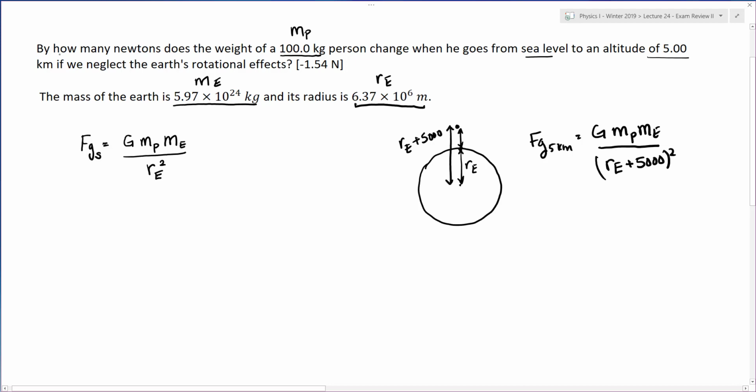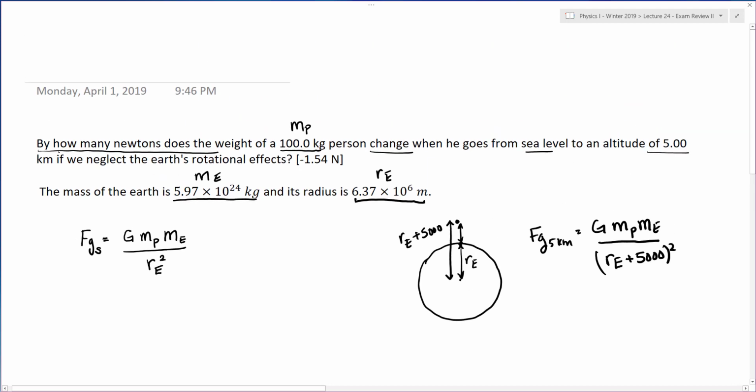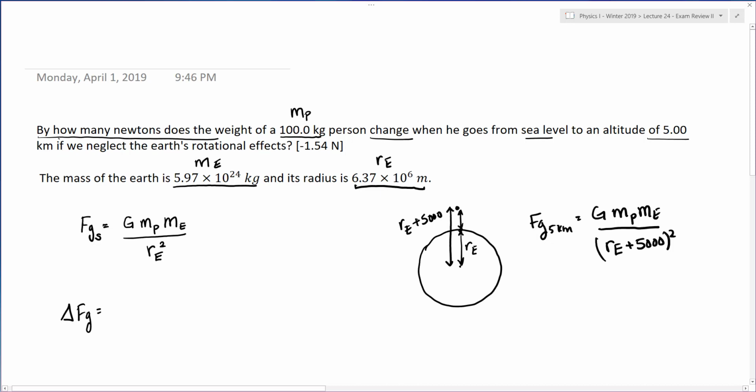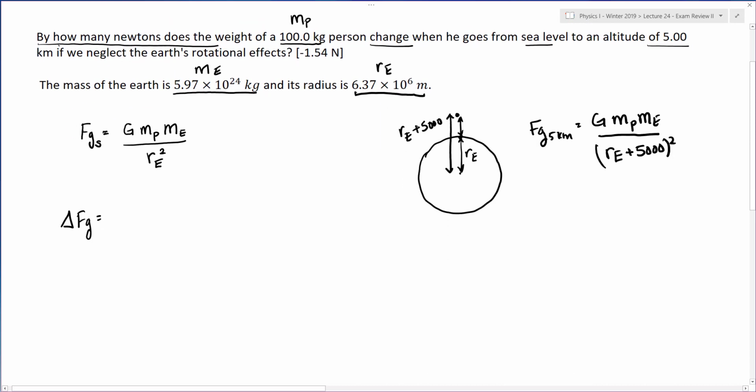Okay, so we can start to find out what the difference is here. The question wants to know by how many newtons the weight changes when he goes from sea level to an altitude of 5 kilometers. So what we're looking for is the difference in the force of gravity. How much does his weight change by? So it would be the force of gravity at 5 kilometers minus the force of gravity at sea level.